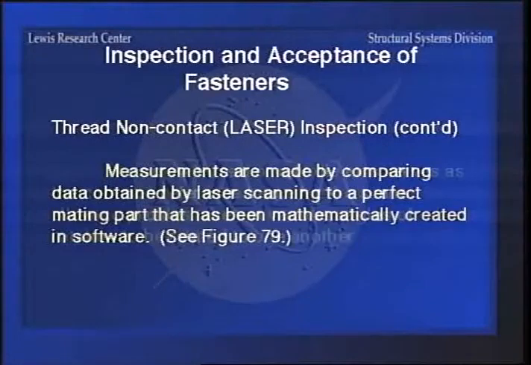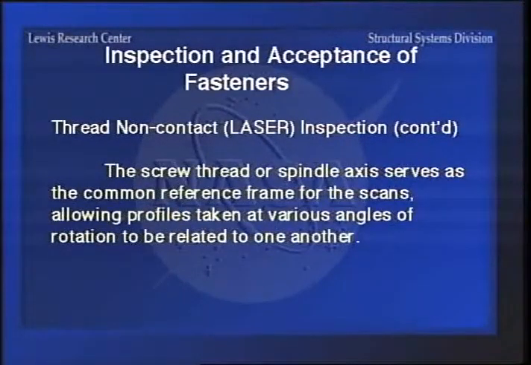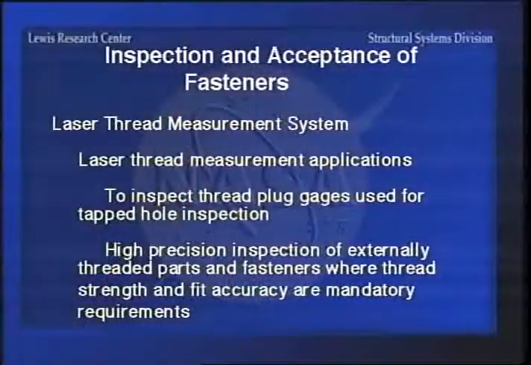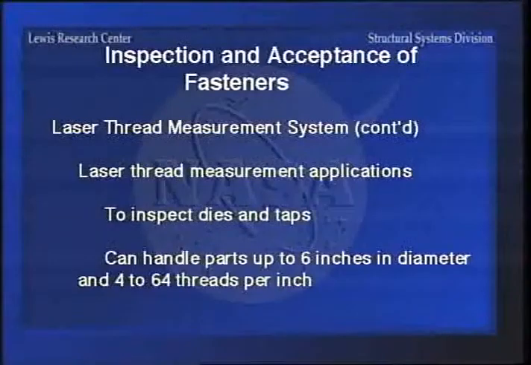And the thread axis is the method you use for spinning it around so you can check it at different points. Now, these machines are used for inspection equipment, because they're accurate enough. For instance, you can use them to inspect the thread plug gauges, go, no-go gauges, dies and taps. And they can handle parts up to 6 inches in diameter and 4 to 64 threads per inch.